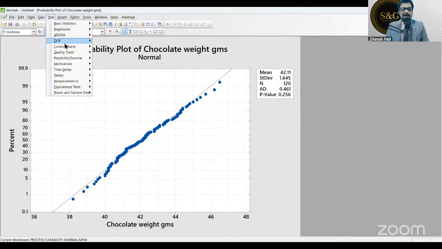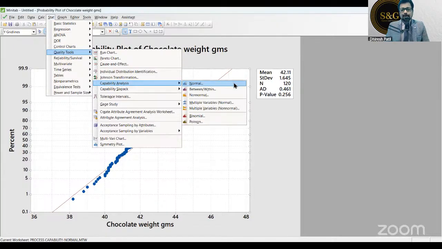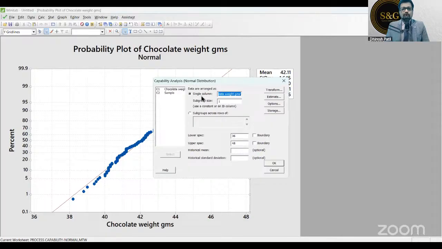Go to Stat, Quality Tools, Capability Analysis, Normal. Just select Normal. Now put your single column, chocolate weight. Subgroup size 1, lower specification 36, upper specification 48, which we have discussed.